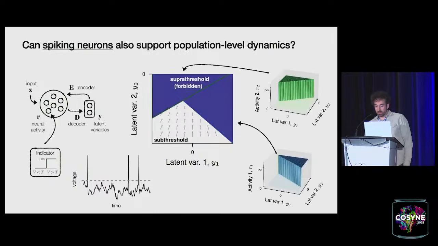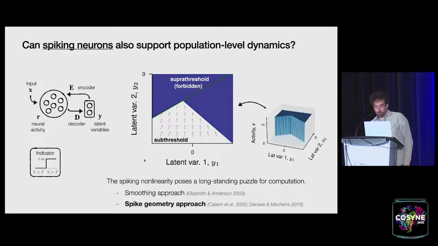If we try to put that into this picture in latent space, each neuron's nonlinearity basically contributes this sort of infinitely high wall in the space. And we know that the voltages are only going to be momentarily above threshold, so this area of the space essentially becomes this forbidden zone. This indicates that one or more of the voltages are sitting above threshold, so we know that the activity isn't really going to be lingering in that area of the space.